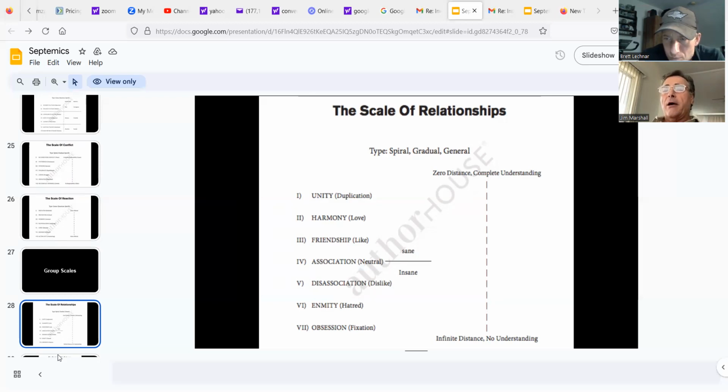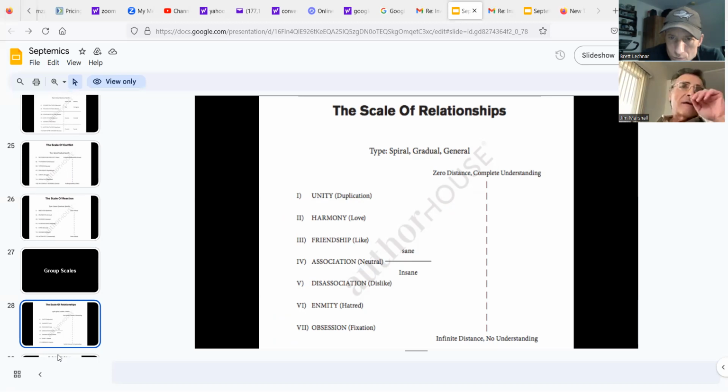Now, let's look at, this is a gradual scale, meaning you have intervening levels. You go gradually from level 3 to level 2. And if you think about relationships, that's how it is. You don't go instantly from friendship to harmony. There's an intervening state there. And this is a general scale, meaning once you find it, that's it.